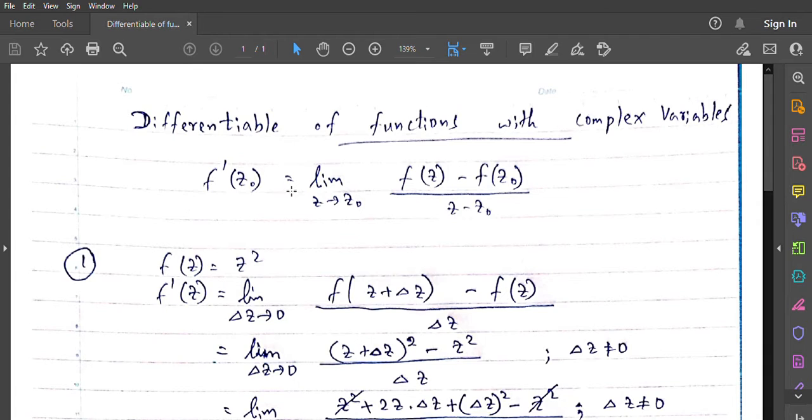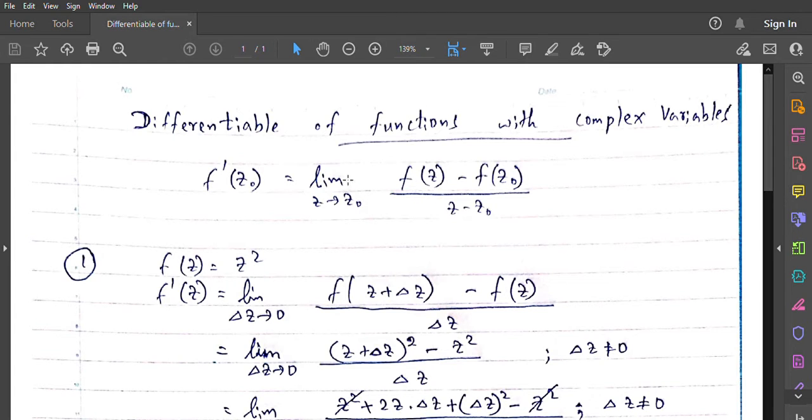So we have this equation: f dash z naught equals the limit as z tends to z naught of f z minus f z naught over z minus z naught. If f is differentiable at z naught, we want to check whether this is satisfied.